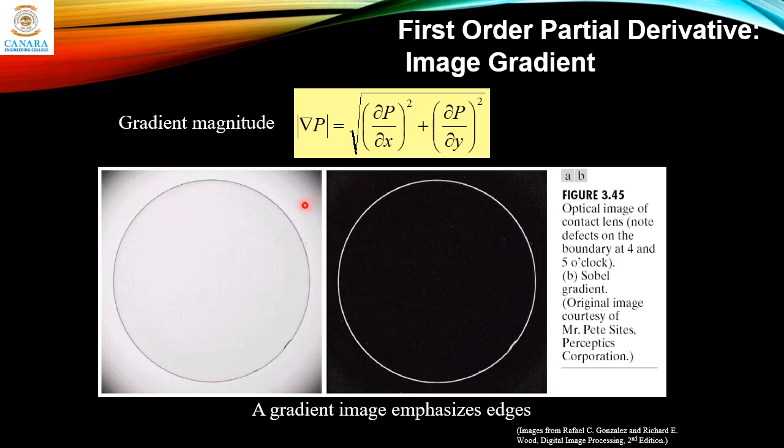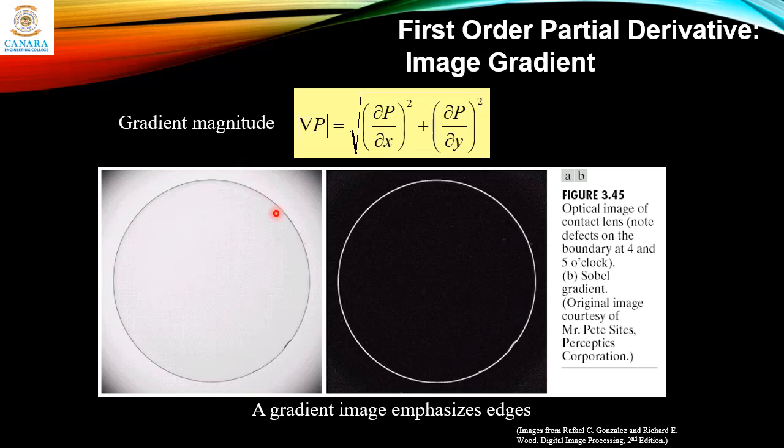We can combine the effect of horizontal and vertical edge detector using this gradient magnitude operator here. So it's basically a Sobel gradient magnitude operator. Now, if you have this image of a contact lens, and you want to identify the defects in it, and if you observe this image, it's difficult to tell what's happening or where is the error.